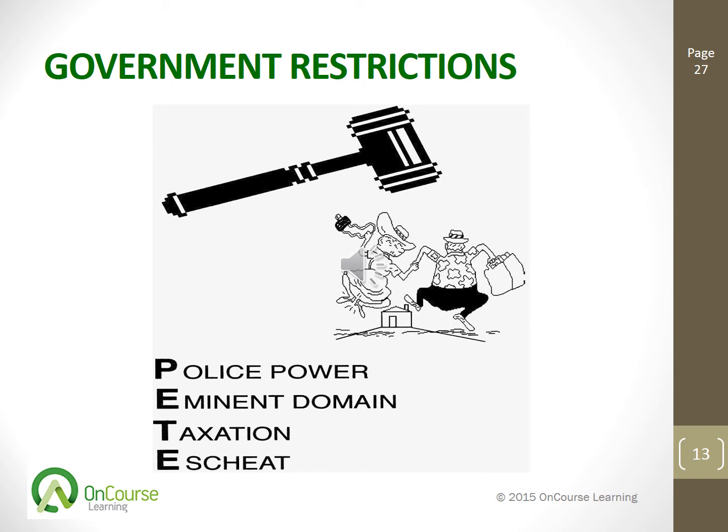Eminent domain, of course, refers to the government taking private property in return for remuneration, in terms of money. Taxation deals with, well, you know what taxation is, and escheat deals with properties when there is no heir and somebody dies, then the government will cheat you out of your property. Next slide, please.